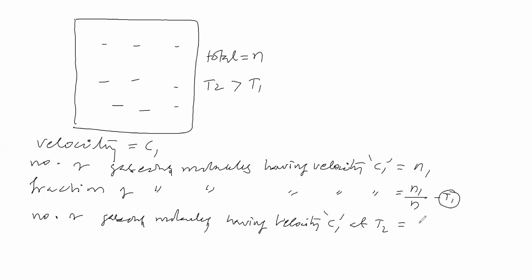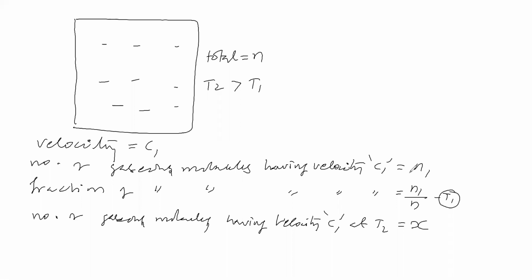Will you say different from n1 or same as n1? Sir, you are saying that it is different from n1. Now you compare x and n1. The number of gaseous molecules having velocity c1 at temperature T2 is x. The number at temperature T1 is n1.